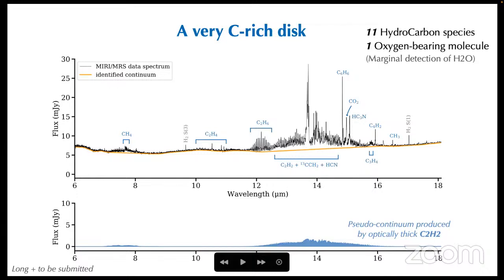We further identified 10 additional hydrocarbon molecules in the system, even including benzene emission, very bright in the system, a six-carbon species. On the other hand, for oxygen-bearing molecules, CO2 is likely the only species detected, and water is very weak and barely identified in this target.